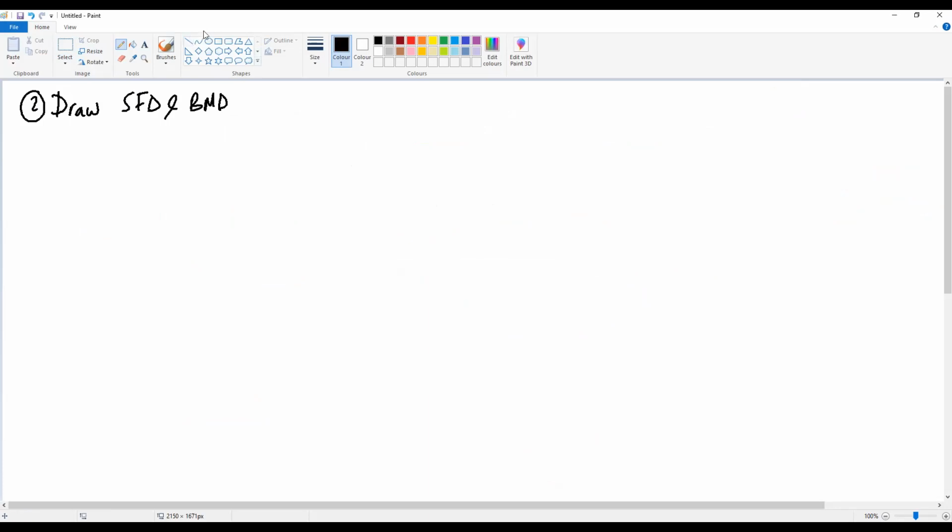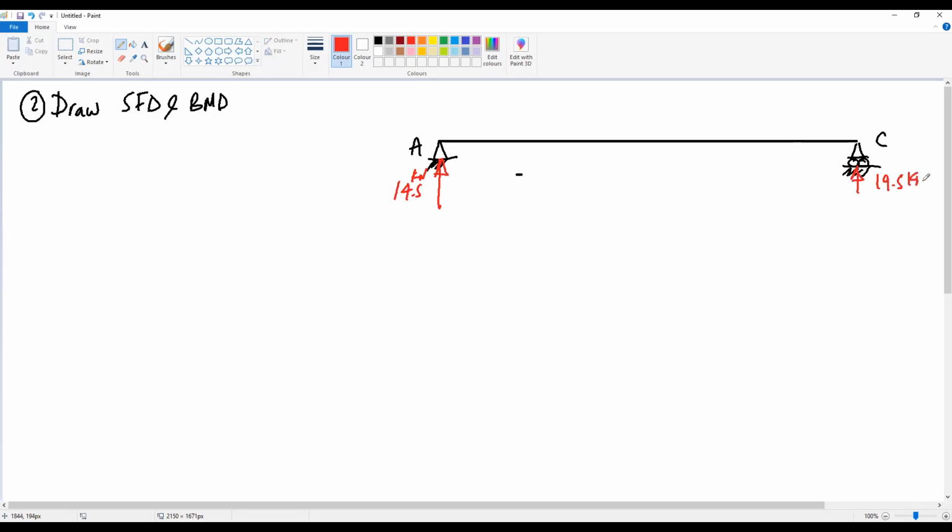So if this is our beam, and we have support A and support C. The reaction here was 14.5 kilonewton and the reaction here is 19.5 kilonewton, and we have a uniform load of 3 kilonewton per meter, and we have 10 kilonewton per meter here.